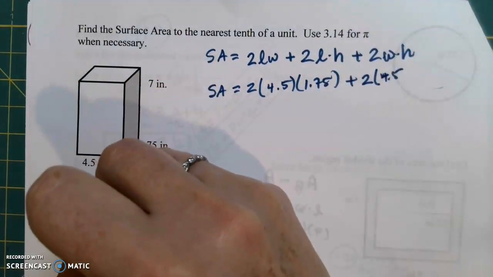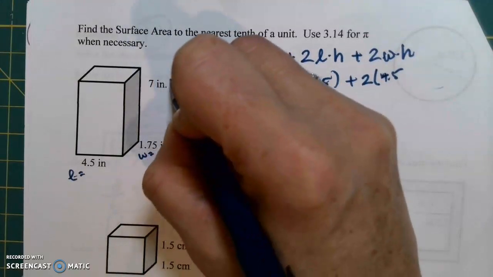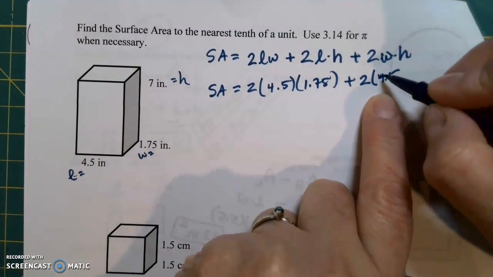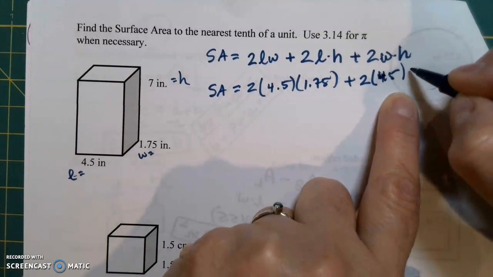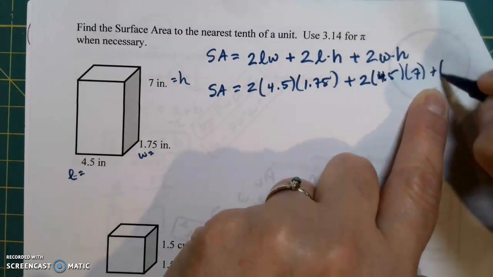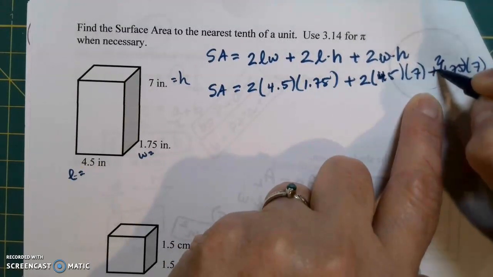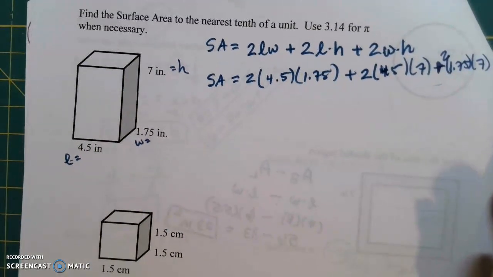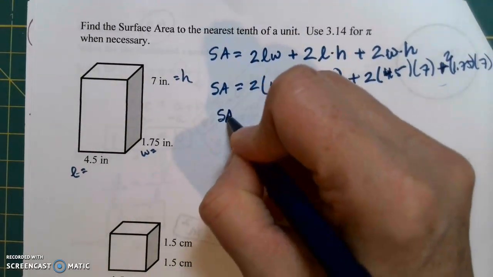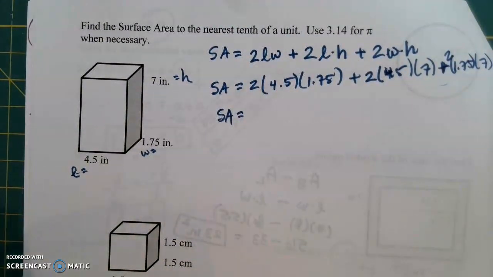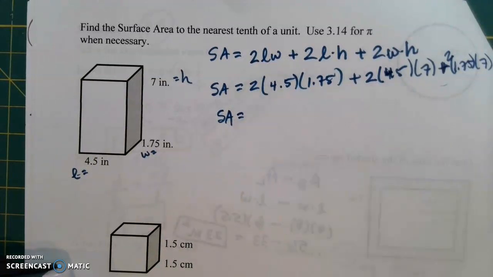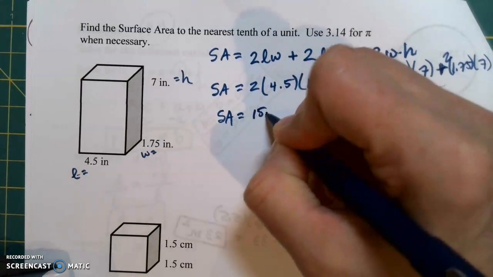So I'm deciding that one's the length, that one's the width, and that one's the height. Let's see here, 2 times 1.5 times 7 plus 2 times 1.75 times 7, and a 2 in there as well. Sorry, missed the 2 there. Okay. And it's a good idea to write these things out because if you have it written out, then you can go to your calculator and be pretty sure that you aren't making mistakes by going back and forth between the calculator and the paper.